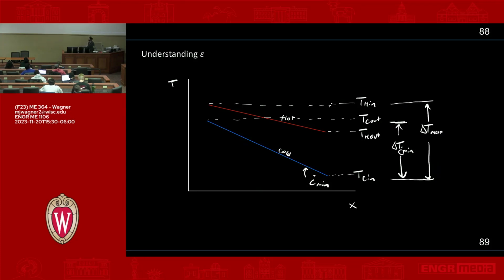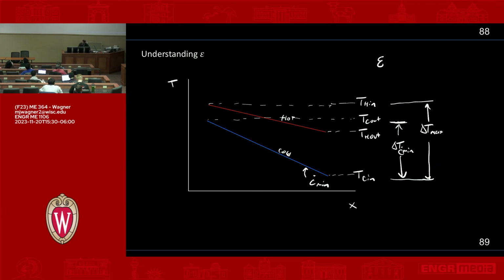Okay, so what the effectiveness is telling us is basically how much heat is being transferred compared to the total amount that's possible. Well, in terms of temperature, it's basically delta T C dot min over delta T max.